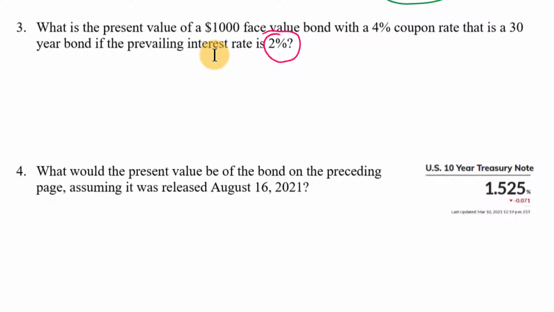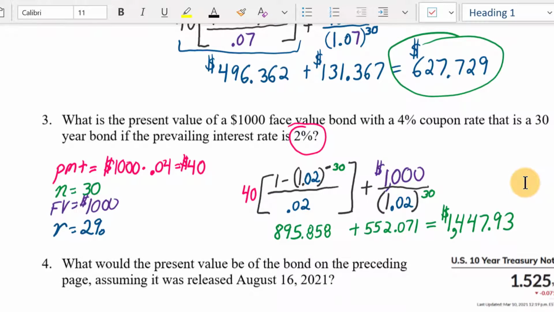You know the drill by now, so I'll just go ahead and calculate the answers. So in this case, because you have an asset that pays 4% interest, but everybody else in the market is only earning 2% interest, that makes the value of this bond much higher than the face value, because this bond pays twice the going rate of interest. So that's going to make it a much more valuable asset, okay?